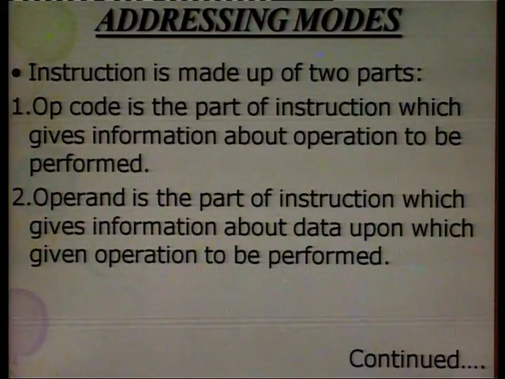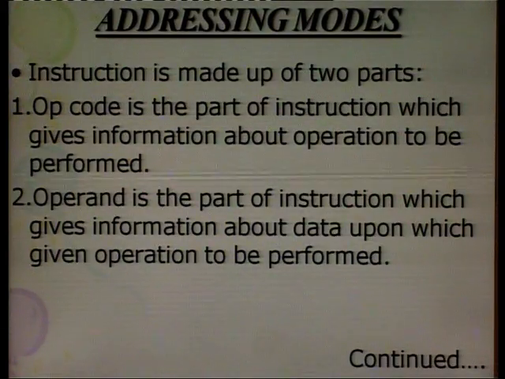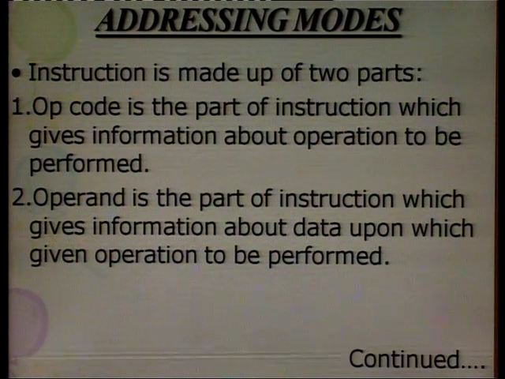Now, only the opcode is not sufficient information. We must know the data upon which that operation is to be performed. It must be specified in the instruction itself that we want to do this operation, and on this data.